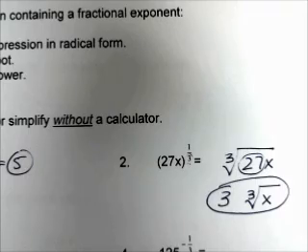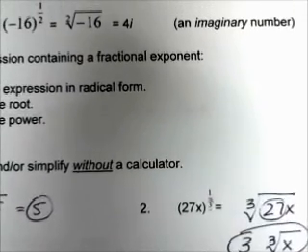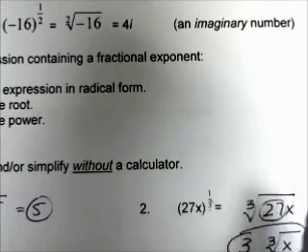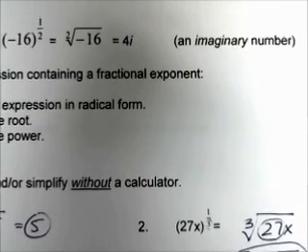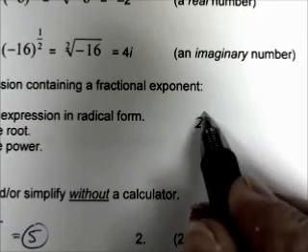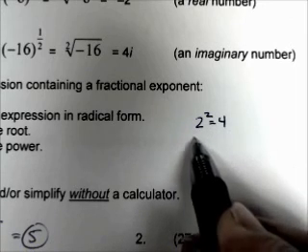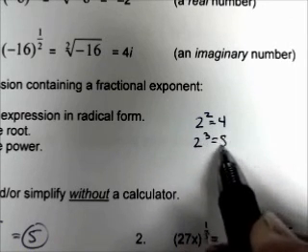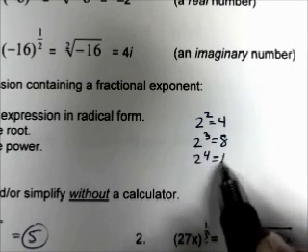Before I go any further, let me just back up. In the space provided here, let's just recall some of our powers. For example, 2 squared is 4. 2 to the 3rd is 8. 2 to the 4th is 16.